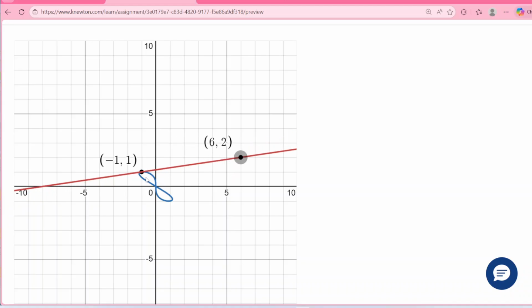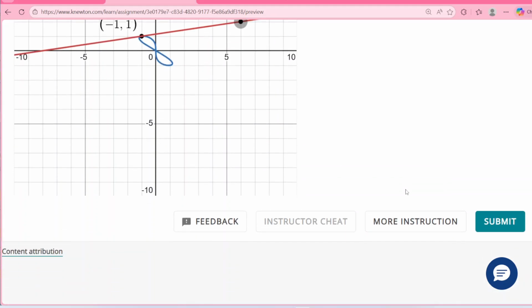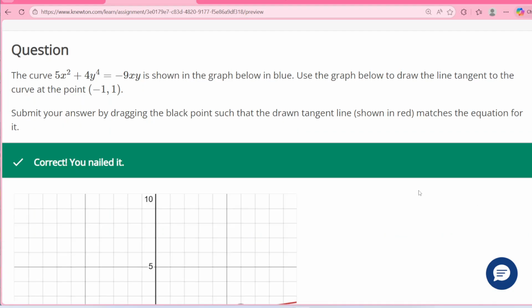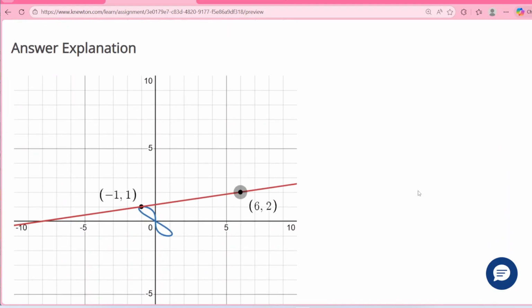And I'd be at this point, right? If I go up 1, the y coordinate's 2, and then right 7, the point is at 6, 2. So this is our line here with a slope of positive 1/7. That would be tangent to this curve at the point negative 1, 1. Great.